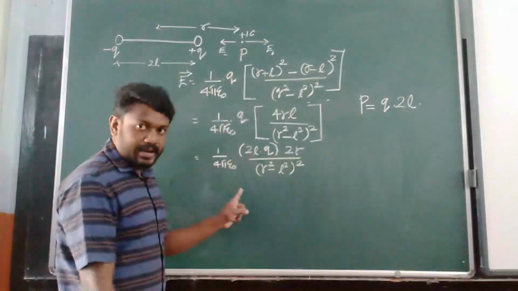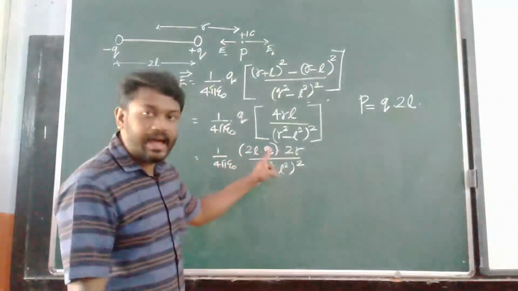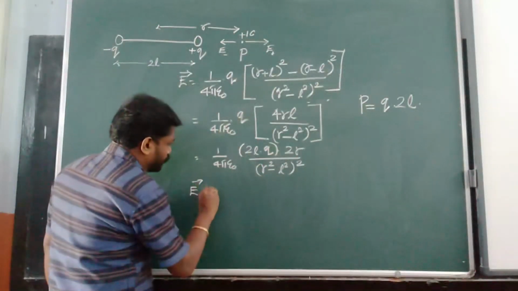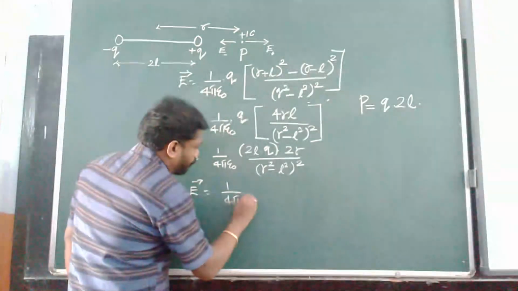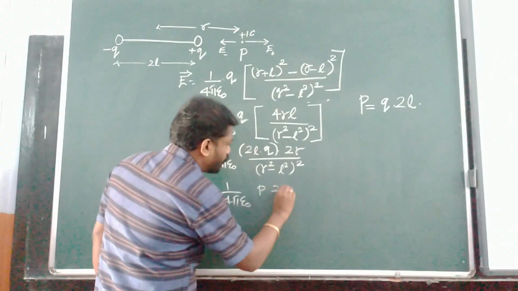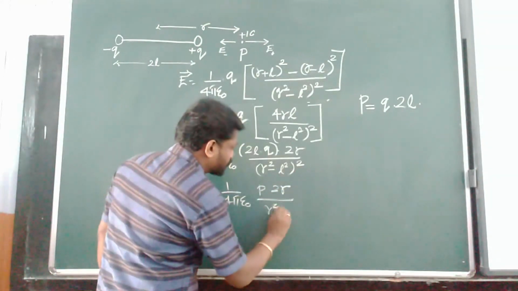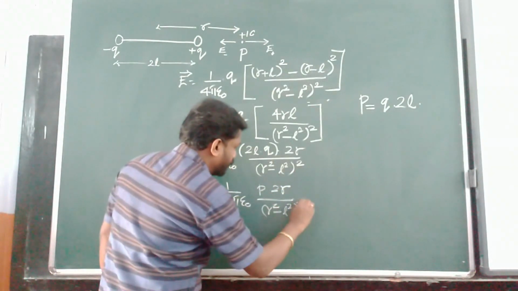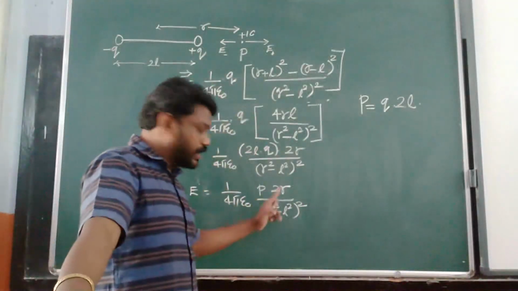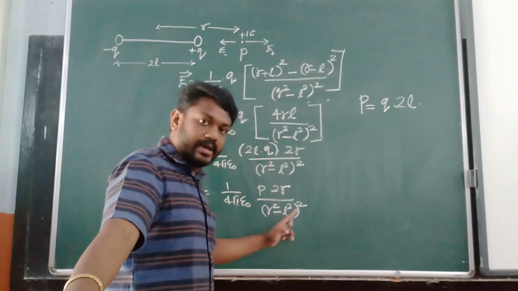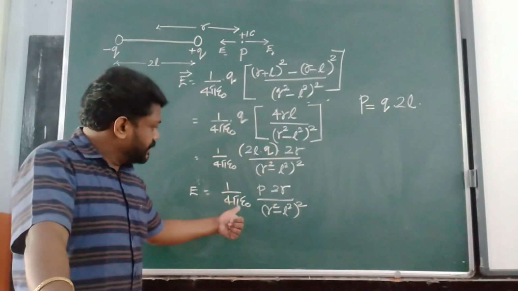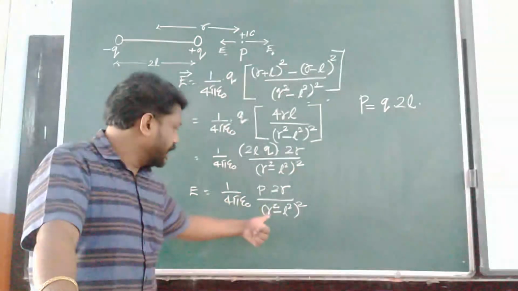Remember, P is the dipole moment which is measured as a product of 2L and Q. So E is equal to 1 by 4 pi epsilon 0 P into 2R divided by (R square minus L square) whole square.